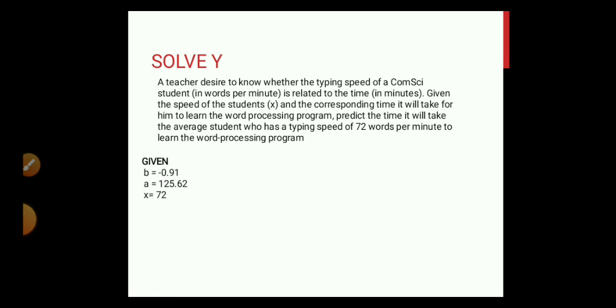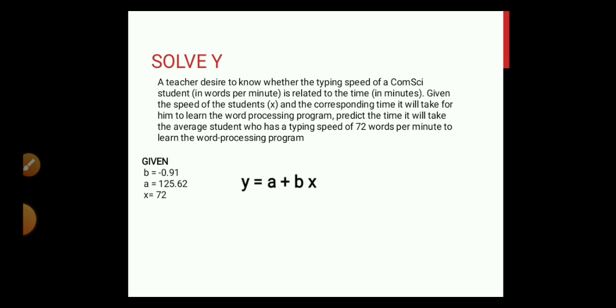The given for our b is negative 0.91, for a is 125.62, and for x is 72 words per minute. What we are looking for here is the dependent variable.